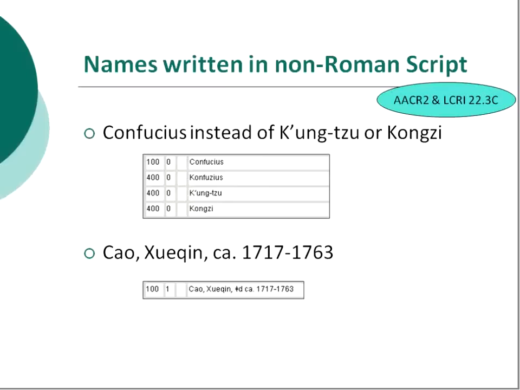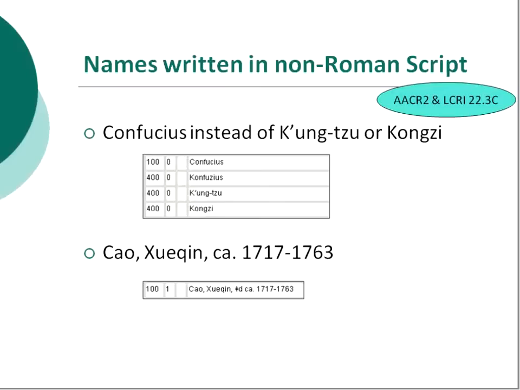According to the rule, if the person's name or the author's name is likely to appear in well-established English language reference sources, such as the Encyclopedia Americana, the Encyclopedia Britannica, or the Academic American Encyclopedia, use the form found in any of these reference sources in your 100 heading.